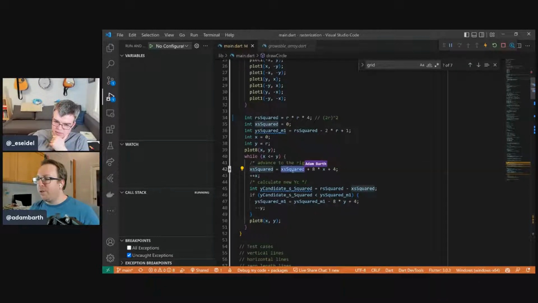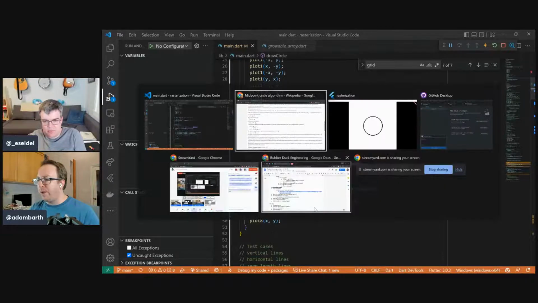The previous x and the previous x squared plus 4. Well, there again, that's 2 squared, right? Because there's squares going on here. But why is this 4x plus 4? Can we look in the Wikipedia article to try to find an equation like this?